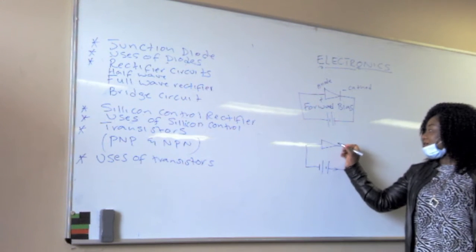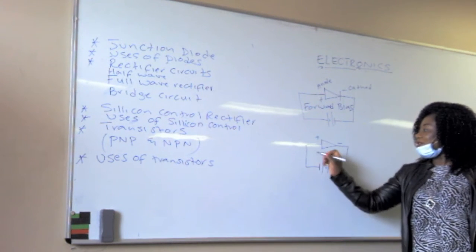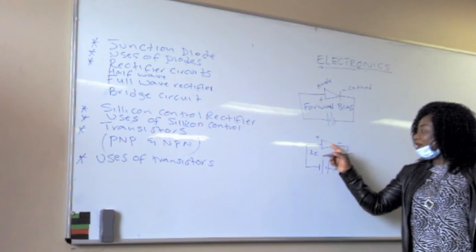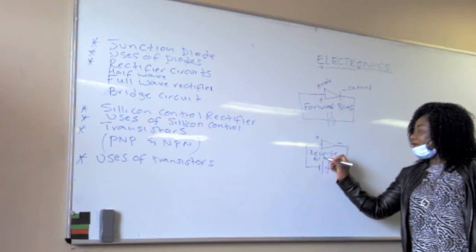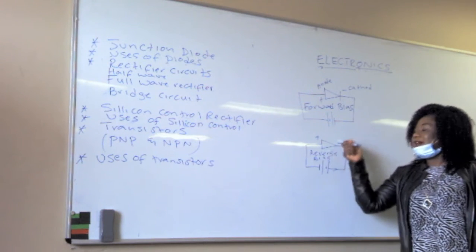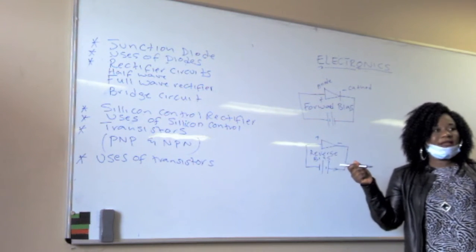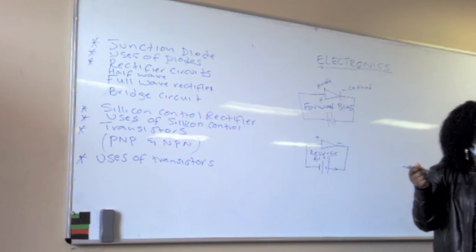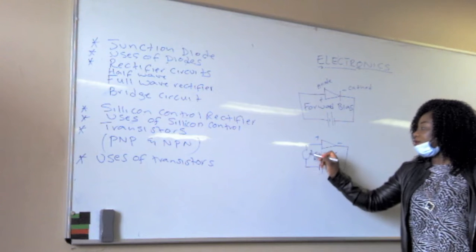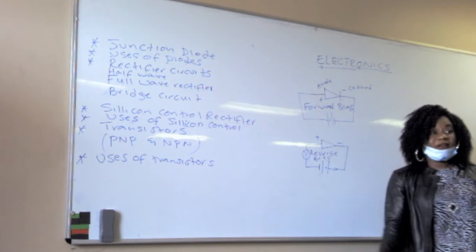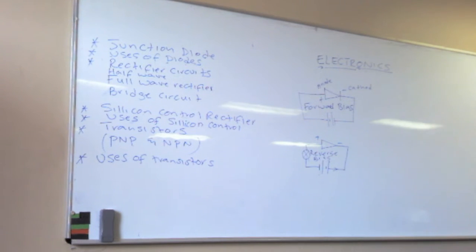And this is the negative side, this is the positive. So this means that the diode is in reverse bias. In reverse bias, a diode is acting like an open circuit. It's not allowing current to flow. So if there's a light bulb somewhere, that light bulb is not going to switch on, because you have reversed the terminals of the diode.